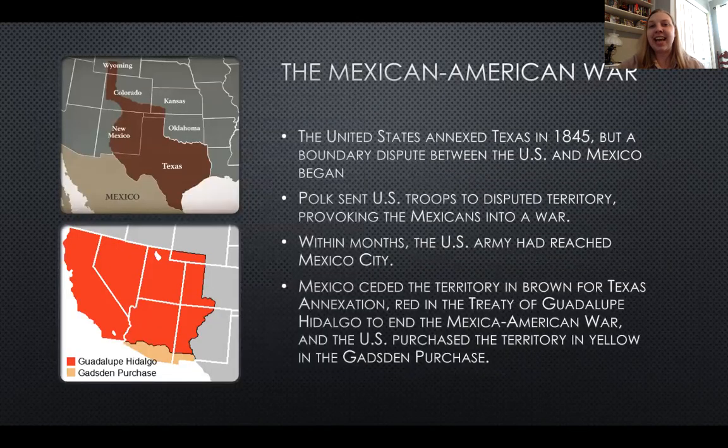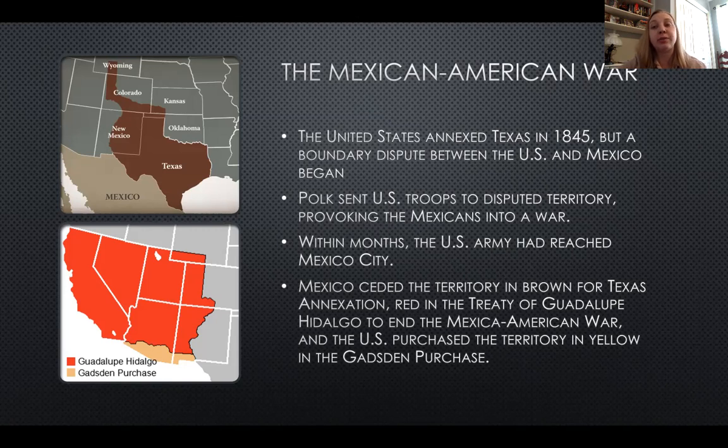Now, Texas annexation is going to lead directly to the Mexican-American War. So here at the top in the top picture here on your left, you can see the Mexico annexation. Down in this picture at the bottom, this orange here, where it says Gadsden Purchase, that is a territory that was disputed between the US and the Mexican governments following annexation.